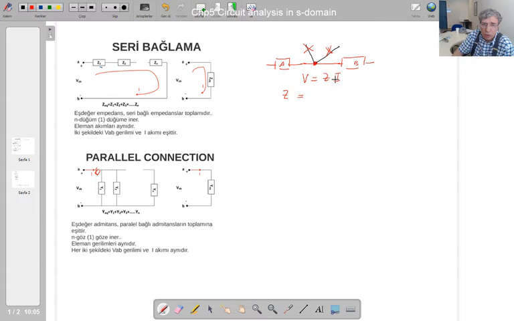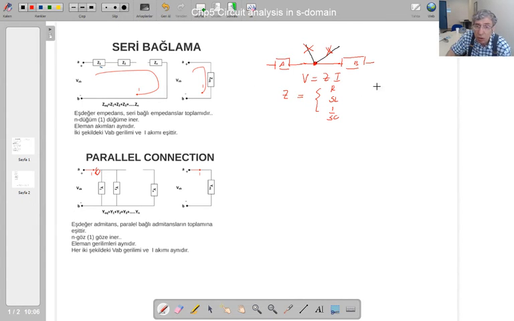The coefficient of the current of an element is impedance. That impedance could be either R or SL or 1 over SC. It could be a capacitor, an inductor, or a resistor. So you're going to write these impedances on them, not the admittances.